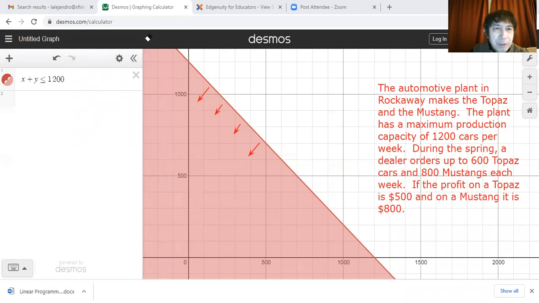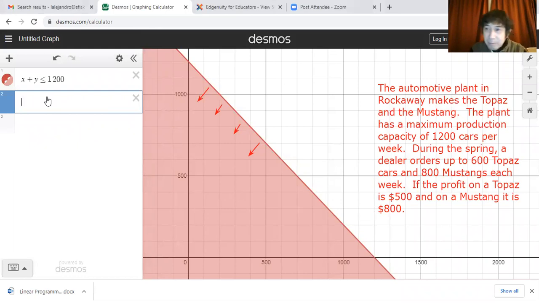We shall continue with the second. During the spring, a dealer orders up to 600 Topaz cars and 800 Mustangs each week. Now, it cannot exceed 600 Topaz cars. Also, it cannot exceed 800 Mustangs. And it cannot be negative. So we can make use of the inequality.